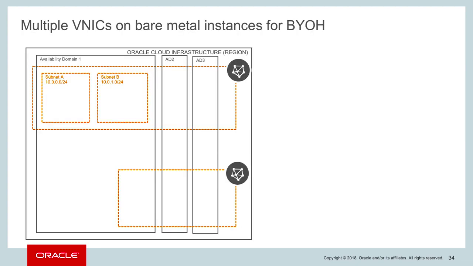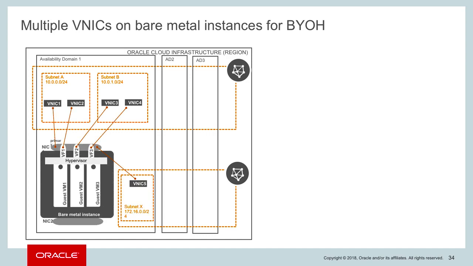Just to illustrate, we can have multiple virtual network interfaces in different subnets. As you can see here, we have a bare metal instance and three guests that were created. Each guest has a virtual network interface, and that network interface is associated to a specific VNIC inside a subnet.